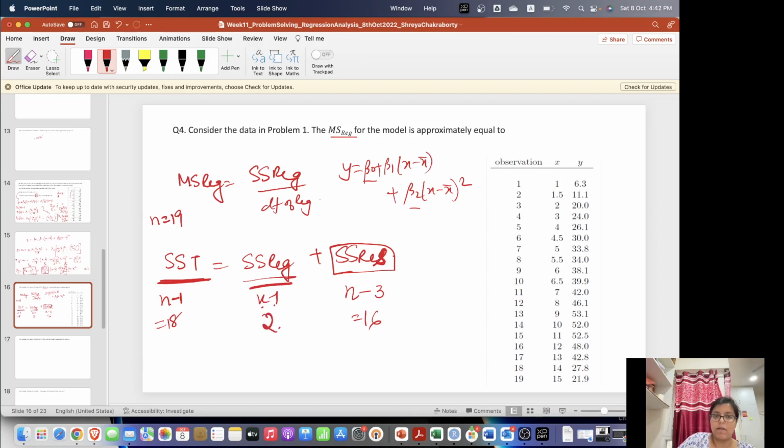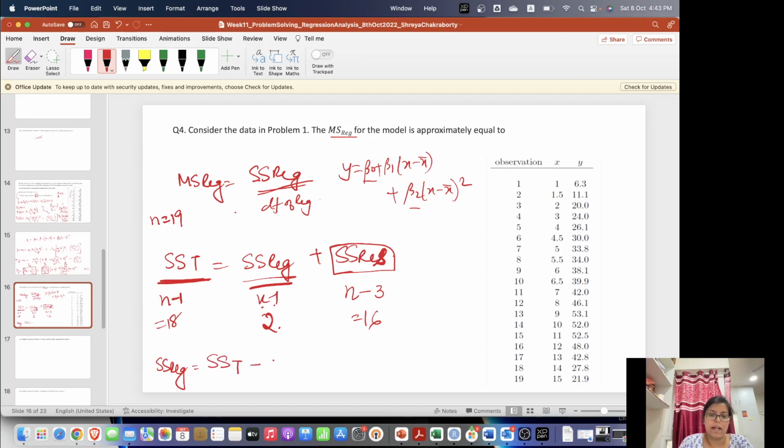So in order to find MS regression, we just need to find SS regression by df of regression. So do you remember SS regression? What was the formula? Okay, if you don't remember, it's fine, we'll just compute.